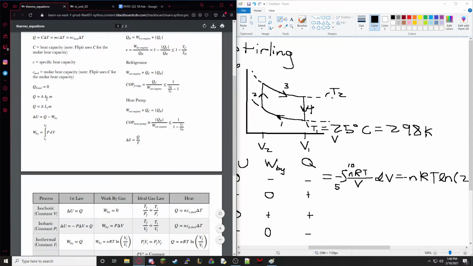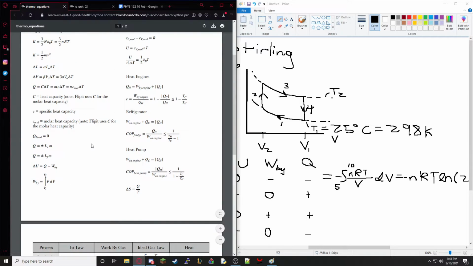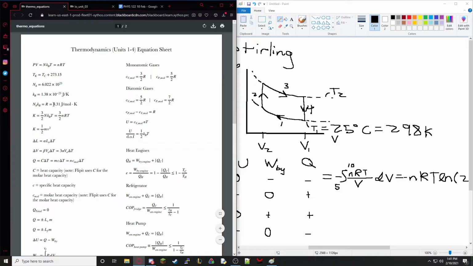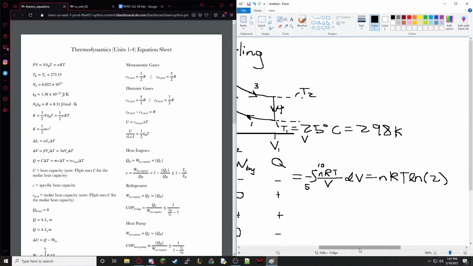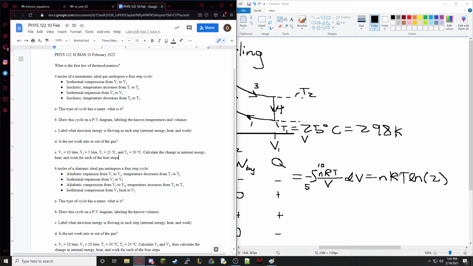I don't think the units are given, but if we wanted to figure out the temperature or pressure, we would need to convert, because it's in liters instead of meters cubed. Exactly, that's what I'm going for. In the case of natural log, the units would cancel, so Q is unitless and we wouldn't have to worry about it. So we just have to plug in our temperature in Kelvin.